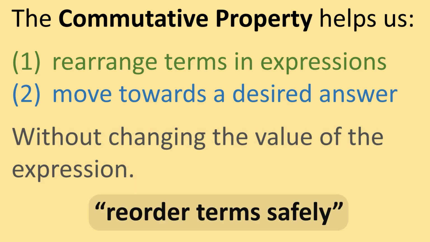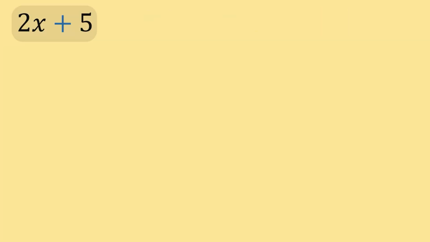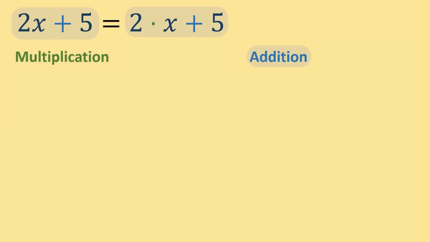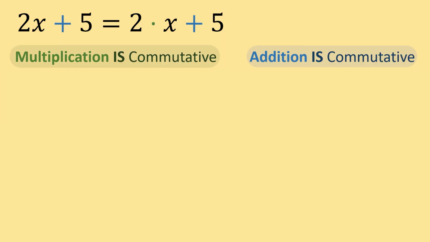However, it is important to be careful about where you apply the commutative property. The commutative property allows you to change the order of terms within the same operation. For example, consider the expression 2x plus 5. Just because multiplication and addition are both present and they are commutative, you're not free to just rearrange all the terms however you want.